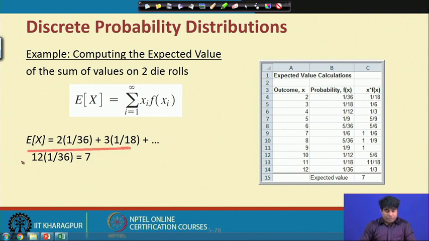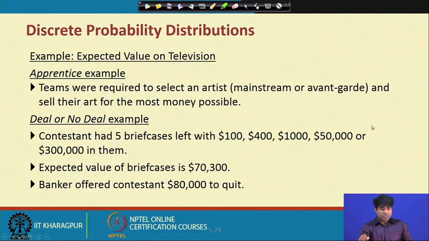You will continuously move up to a particular situation, then finally you can calculate the mean of this series, right. Similarly you can calculate the variance of the series. I will show you in detail in the Excel sheet.